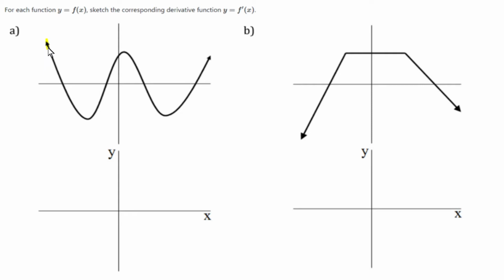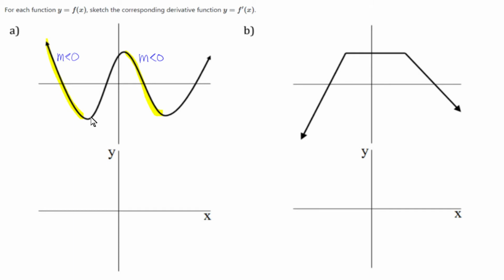So right here, as we're approaching this turning point, this minimum, the slope would be negative, so m is less than 0. Same thing as we're moving right from that maximum towards this minimum, our slope will be negative.